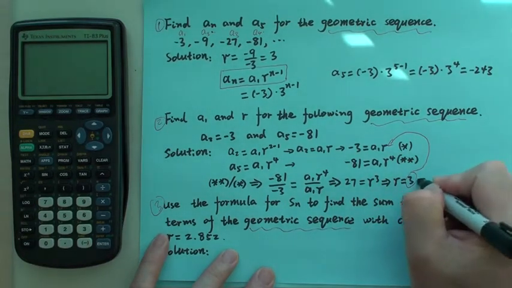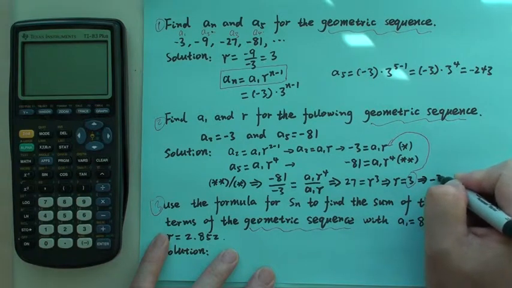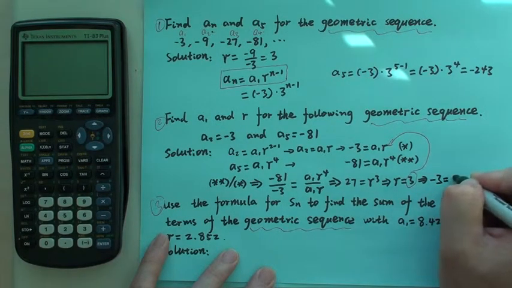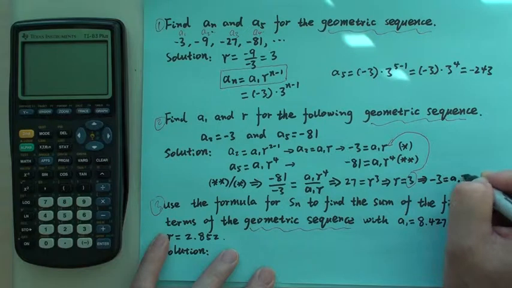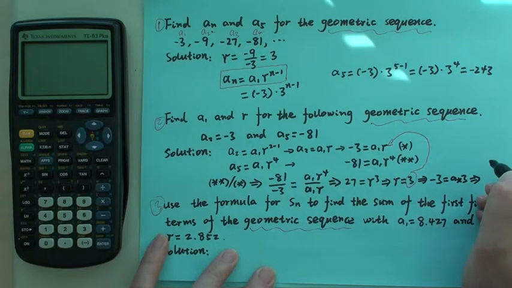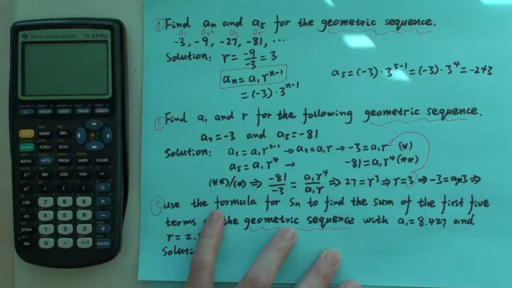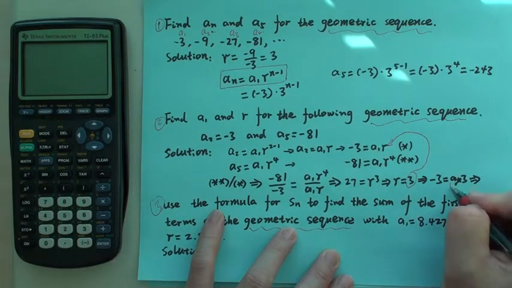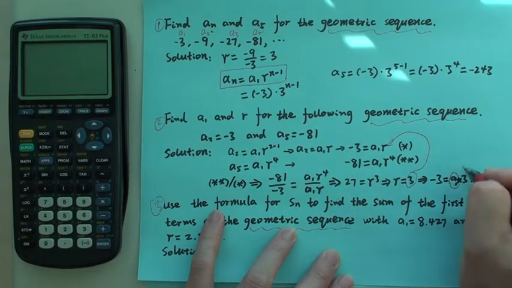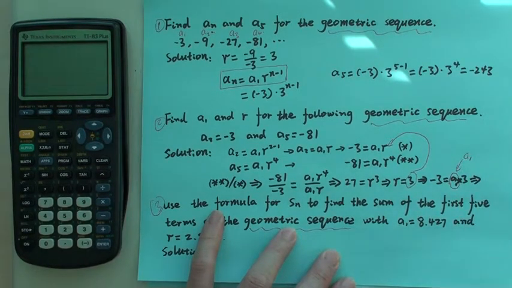So what we get will be negative 3 equals a 1 times 3. So this gives us a 1. Let me write here, this is a 1.